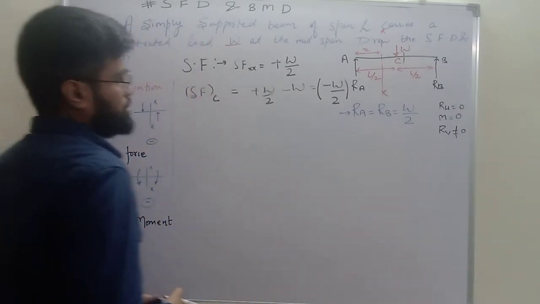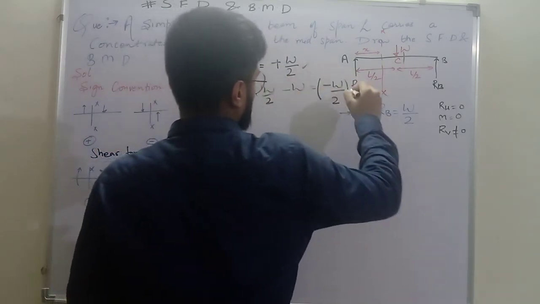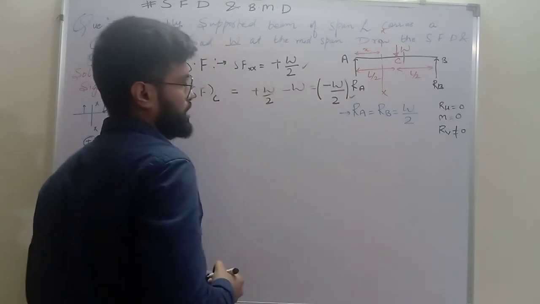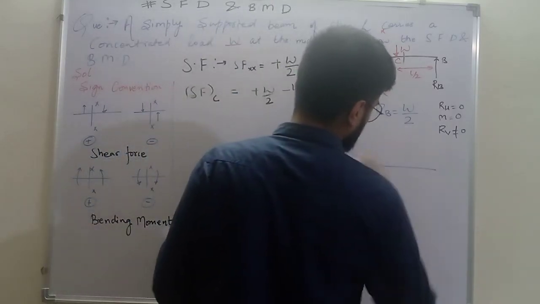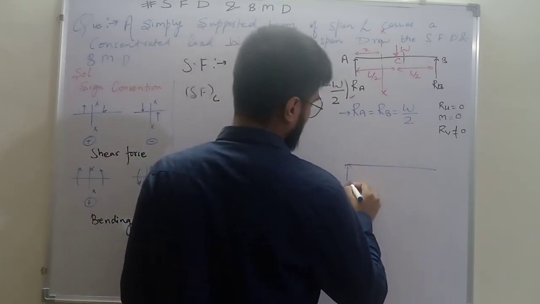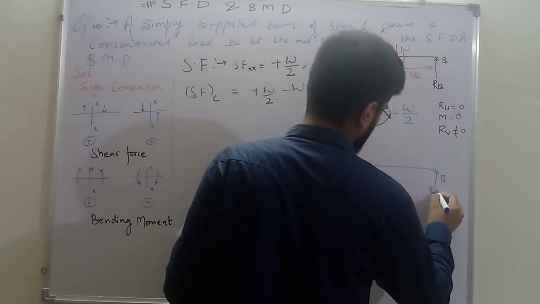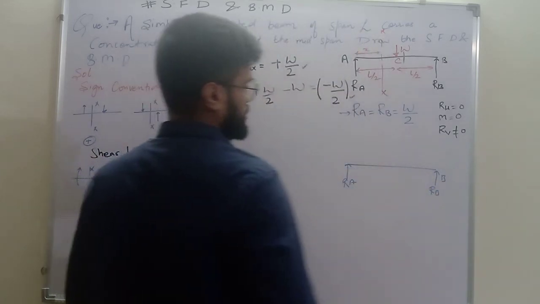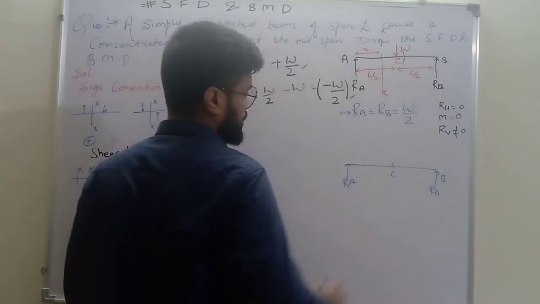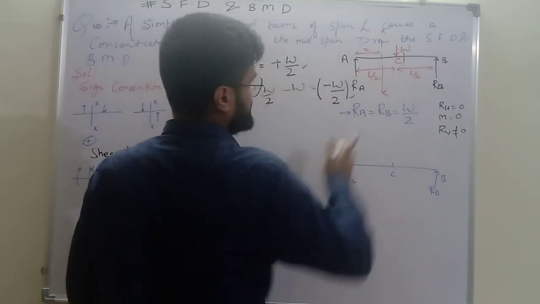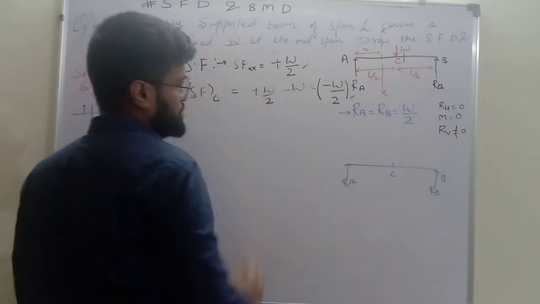Okay. So by using these two equations, we can draw the shear force diagram for this problem. This is a beam supported at A and at B, with vertical reactions RA and RB. This is the center, point C. At point A, if the section is here, the shear force will be plus W by 2.